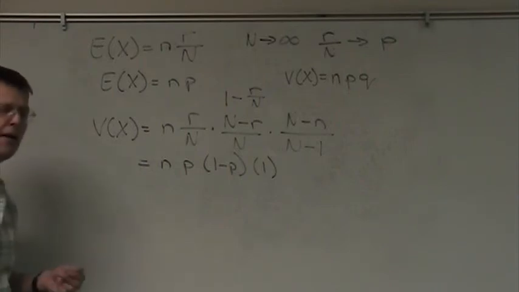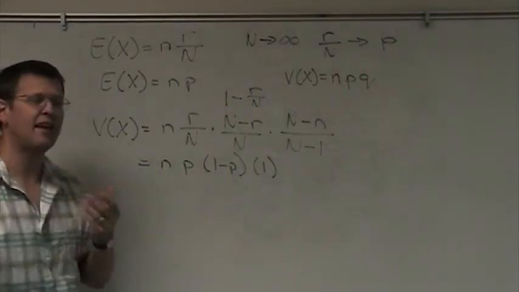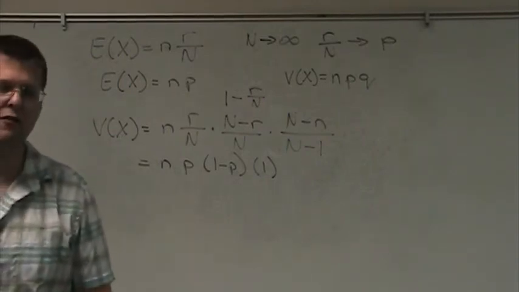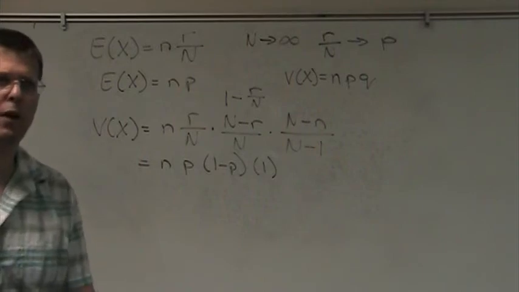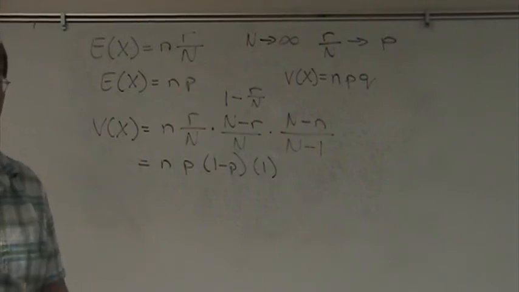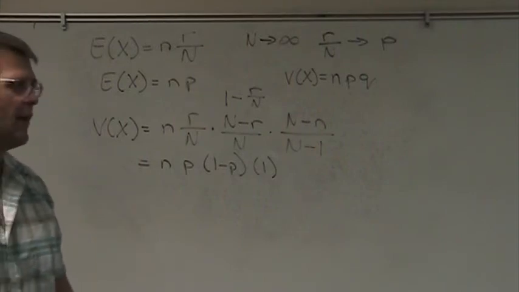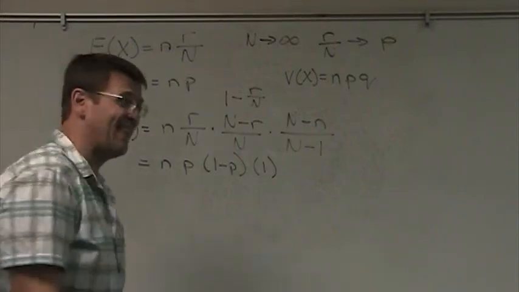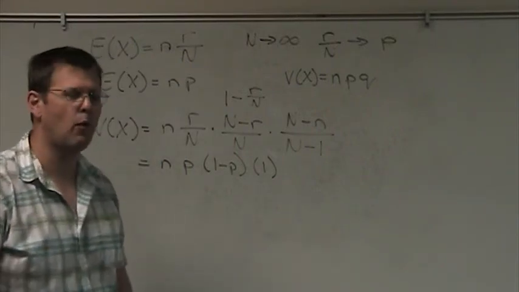Well, the reason the approximation works well, let's say that you're looking at a million machines and 40% of them are defective. Well, if you take a group of 5 out of there, when you take the first one out, after the first one's gone, you either have 400,000 defective machines left divided by 999,999 machines left, and that's still very, very close to 0.4.